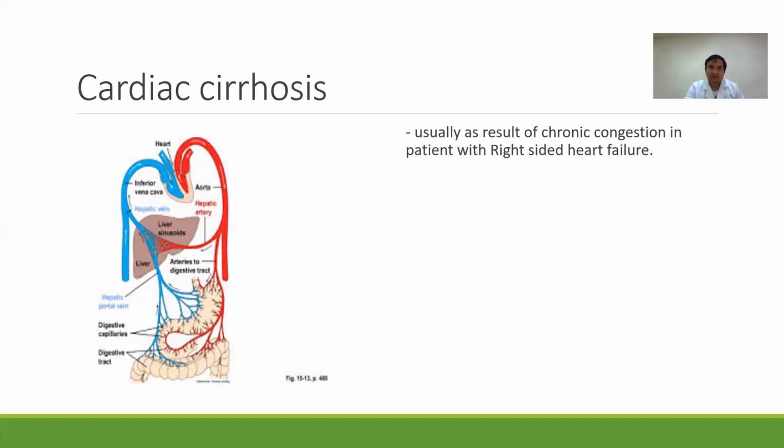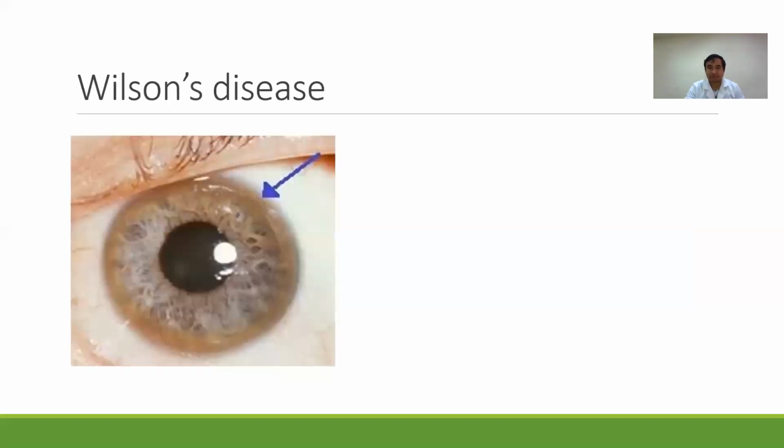There is congestion of the blood in the liver for a long time, and that can cause congestive hepatomegaly. And when there is prolonged congestion in the liver, then fibrosis can occur, and ultimately that can cause cardiac cirrhosis.